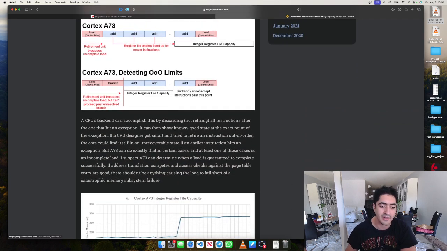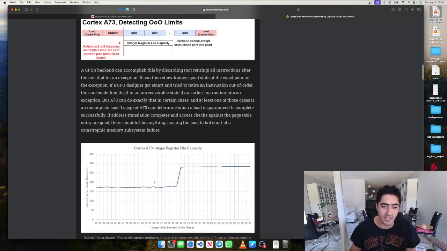A CPU's backend can accomplish this by discarding, not retiring, all instructions after the one that hit an exception. It can then show known good state at the exact point of the exception. If a CPU designer got smart and tried to retire an instruction out of order, the core could find itself in an unrecoverable state if an earlier instruction hits an exception.